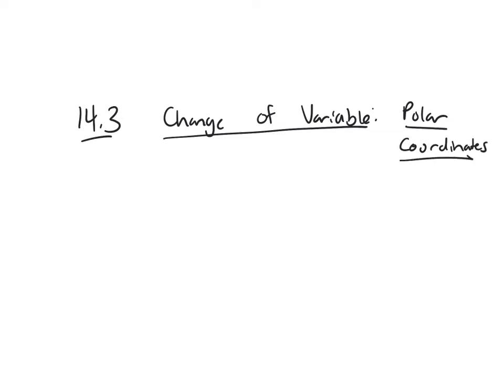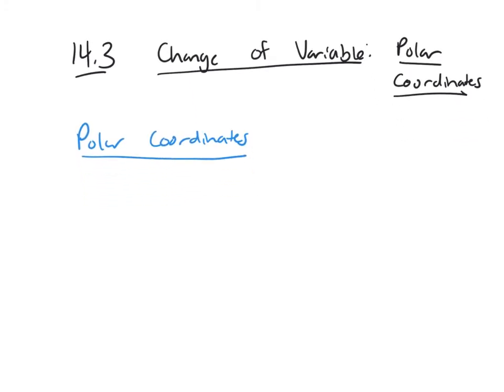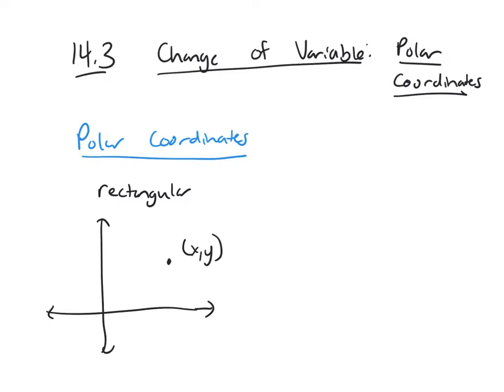Just as a refresher about polar coordinates, remember that in rectangular coordinates, you represent a point here by x comma y, where x is the horizontal distance and y is the vertical distance.